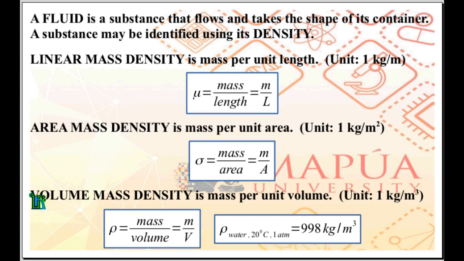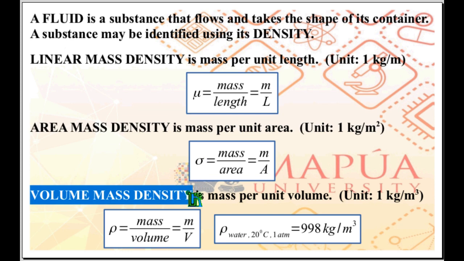And we also have volume density, which is mass per unit volume, mass of the object divided by volume of the object, variable rho. Unit is 1 kilogram per cubic meter.